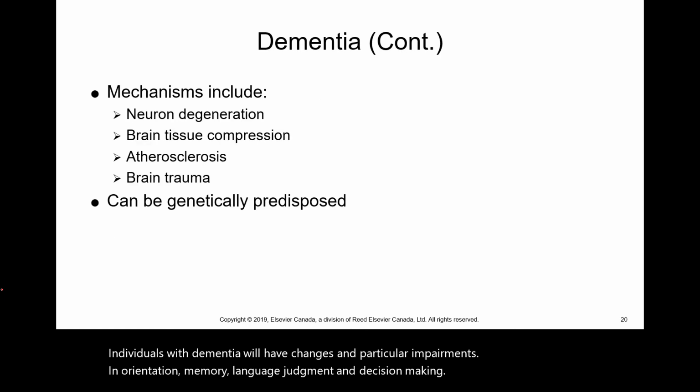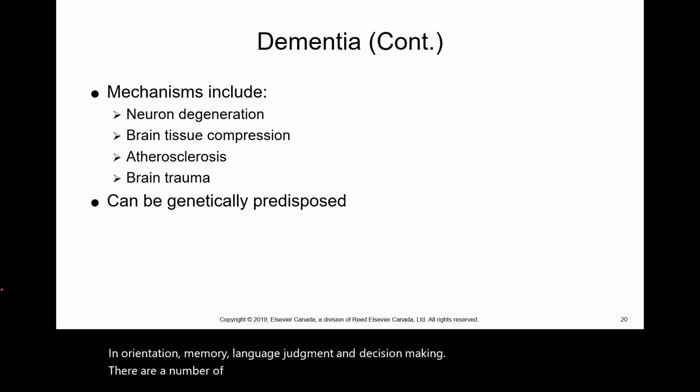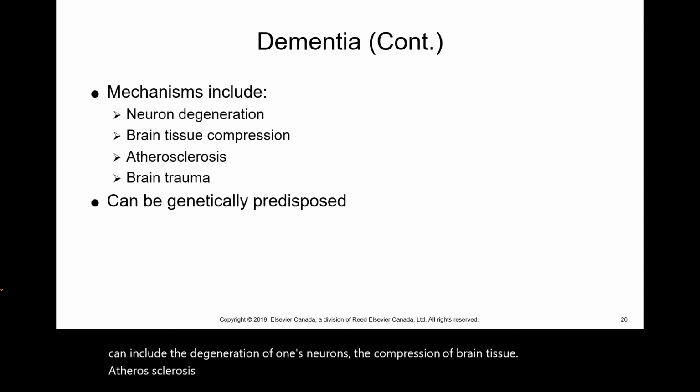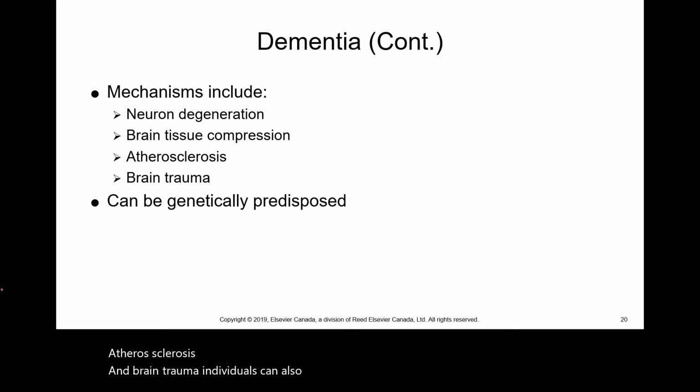There are a number of mechanisms underlying the progression of dementia. This can include the degeneration of one's neurons, the compression of brain tissue, atherosclerosis, and brain trauma. Individuals can also be genetically predisposed to the development of dementia.